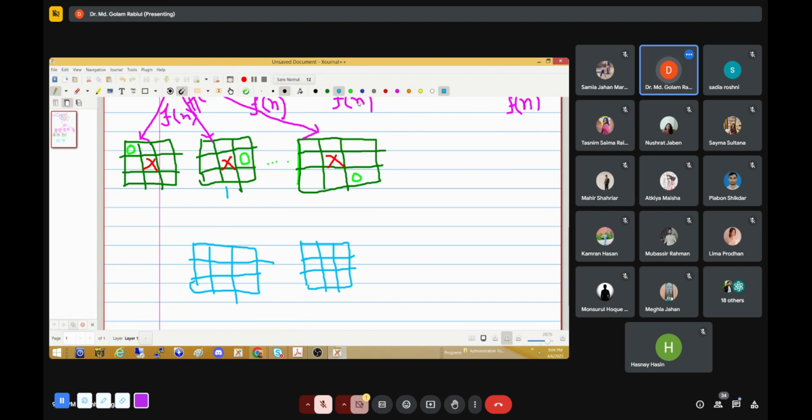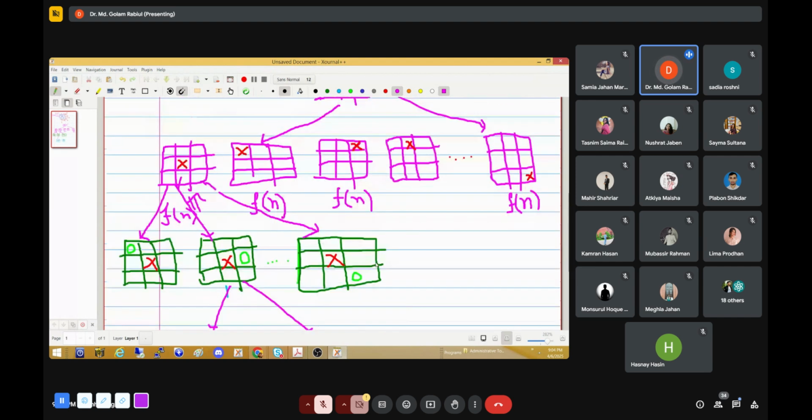Okay, in those states, X is here, X is there, and then O is here. But now you can move maybe either this position or maybe this position. Okay, so these are also some other states. So there are many other possible states also.